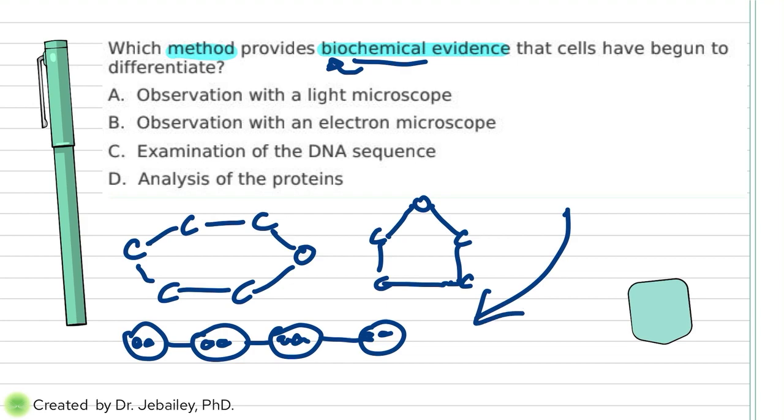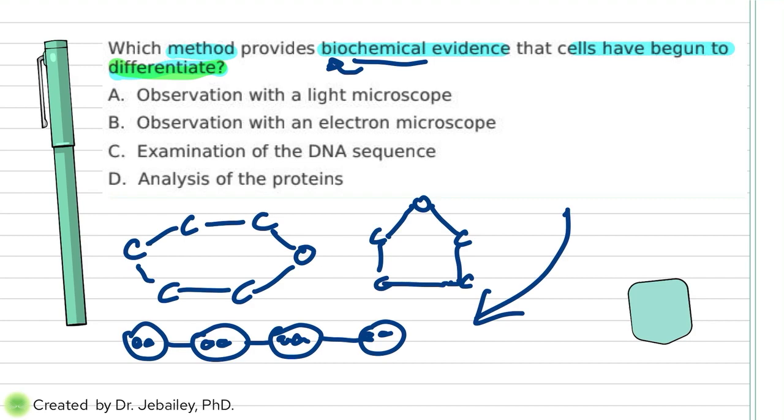Now, which method provides biochemical evidence that the cells have begun to differentiate? So we're trying to say that somehow the cells have begun to get their job, right? Because the word differentiate, if you remember from stem cells, means I'm having a job, like a cell having the job to pump, so it becomes a heart cell.